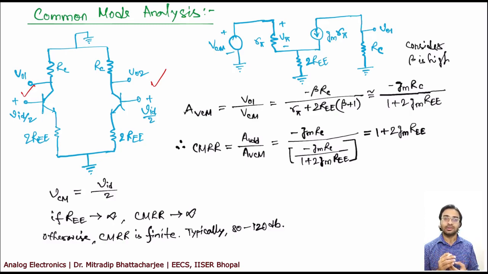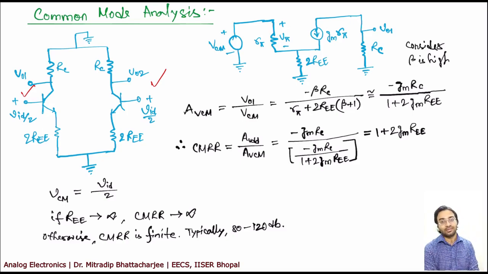Ideally it should be 0. It should not further amplify the noise signals. So if they are equal on both sides, and if we can reduce this gain or ideally make it 0, that is our best possible case, right? And that is the case if we can consider our DC bias as an ideal current source.